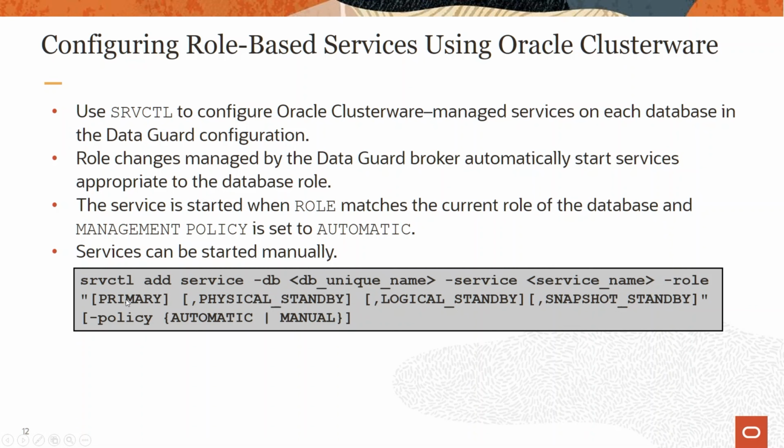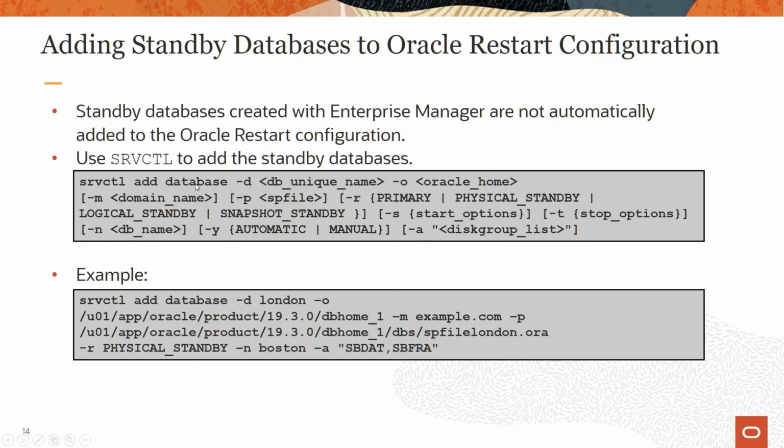So you can provide the role for the service. And then we can also add a database. So with Oracle Restart, you can add a standby database, so that way Clusterware or Oracle Restart can manage your database and also associated services.